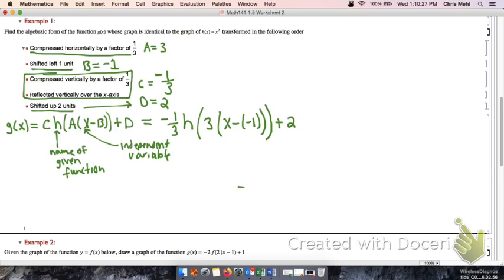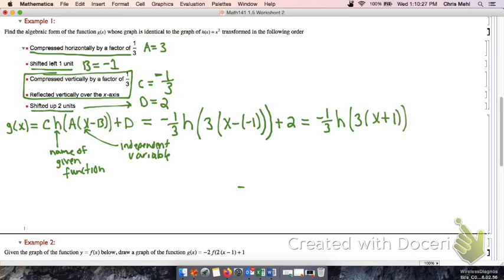Okay. Now I'll do one little quick step in here, which is to simplify what I have in the parentheses, or at least the x minus -1, so I have -1/3 H of 3 times, now x minus -1 becomes x plus 1.